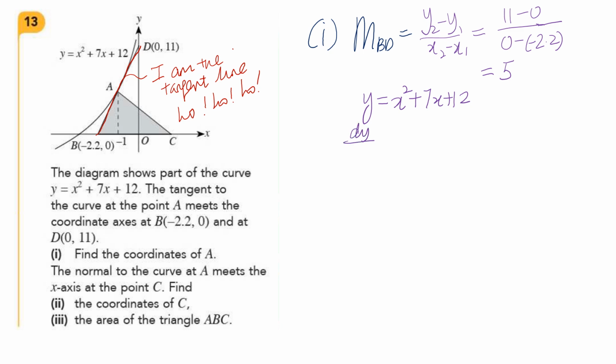So your dy over dx will be 2x plus 7. And then we just equate 2x plus 7 equals 5. You will have 2x equals negative 2, x equals negative 1. Then we need to substitute x equals negative 1 into your curve.